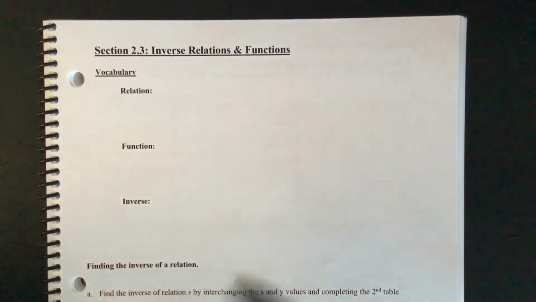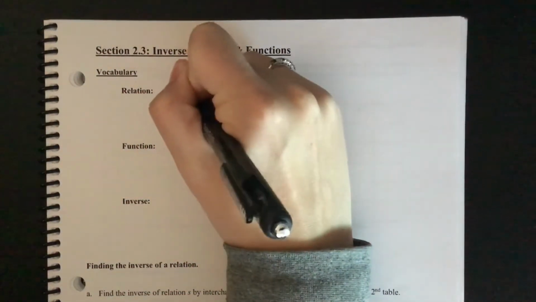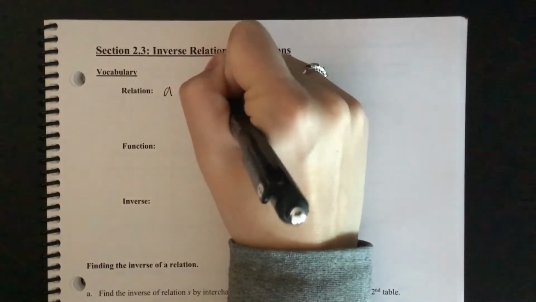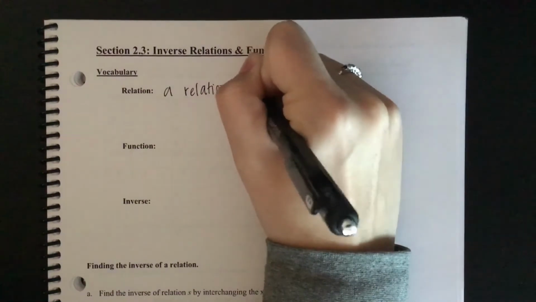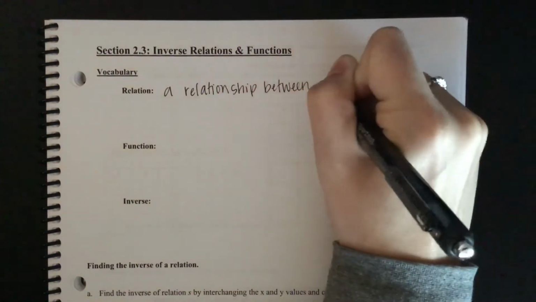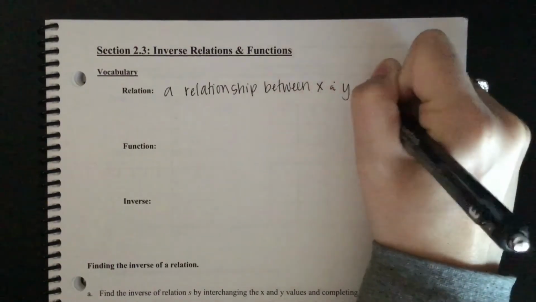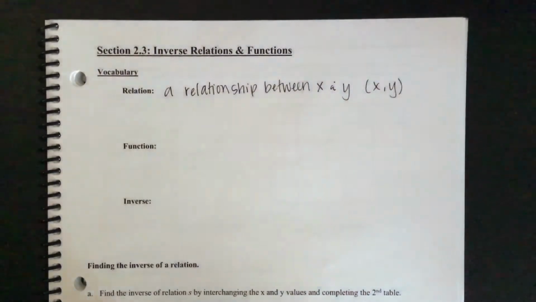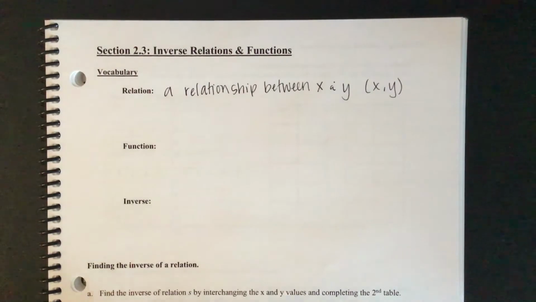So remember, a relation is a relationship between x and y, often written as a point, (x, y), right? We can make up any relationship or relation in the world.